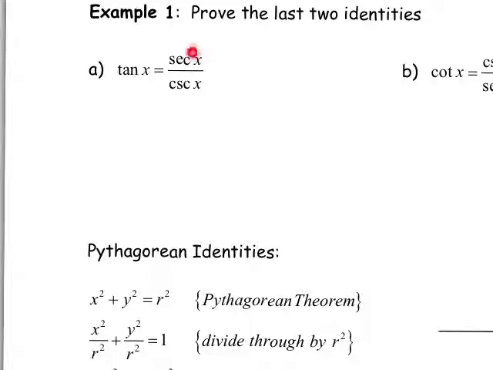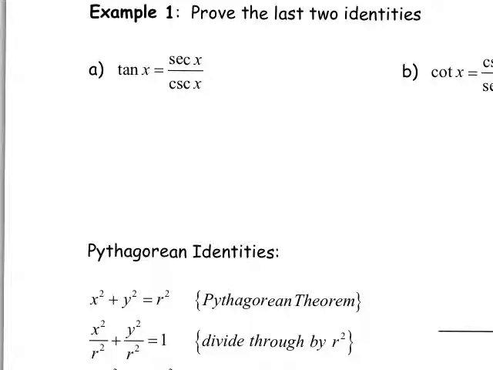The problem is that secant of x and cosecant of x sometimes are less familiar to us than sine and cosine. So the first thing you might want to do is change them to sine and to cosine. So secant, whose reciprocal is cosine, so that means that we're going to have 1 over cosine x, and cosecant, the reciprocal of sine, so 1 over sine x.